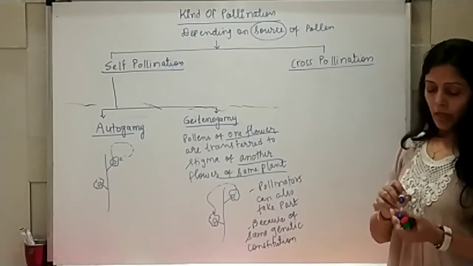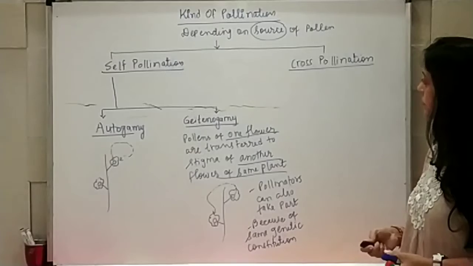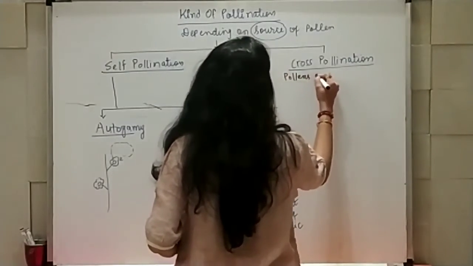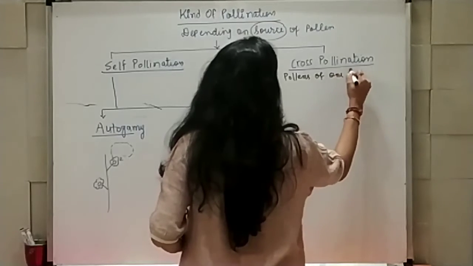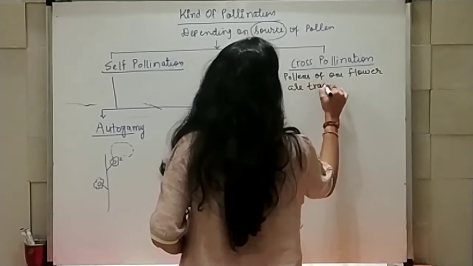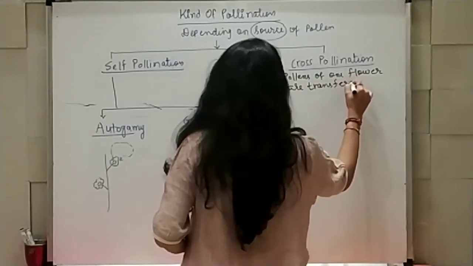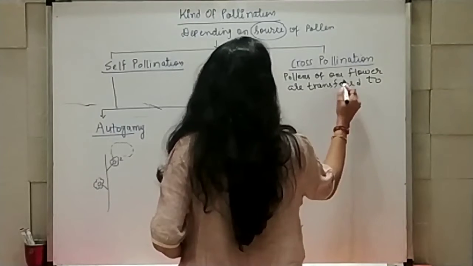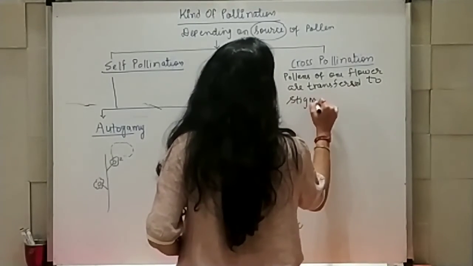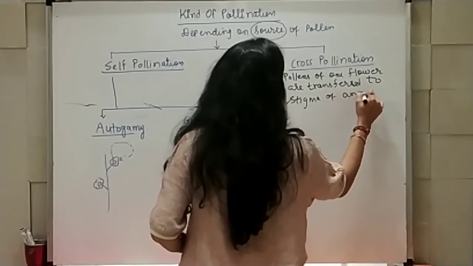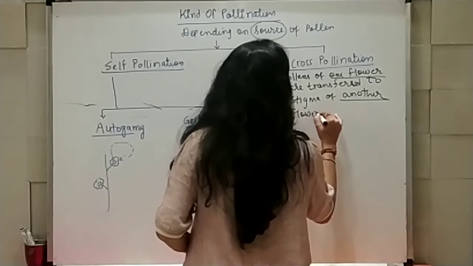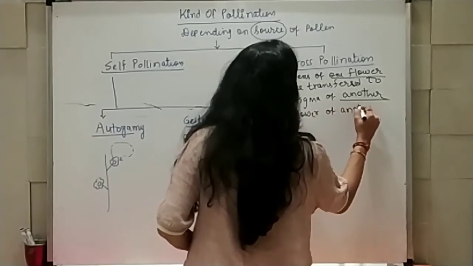Now moving to the cross-pollination process. Cross-pollination means where pollens of one flower are transferred to the stigma of another flower of another plant.